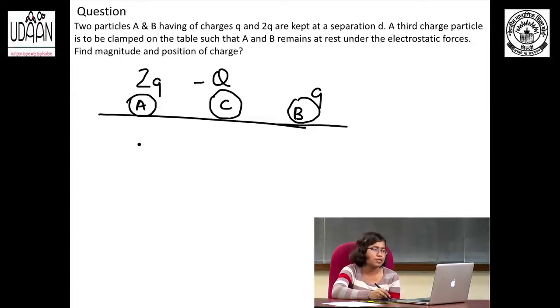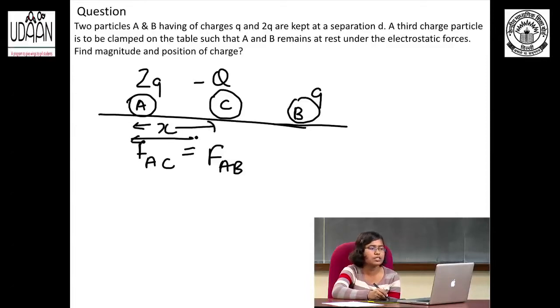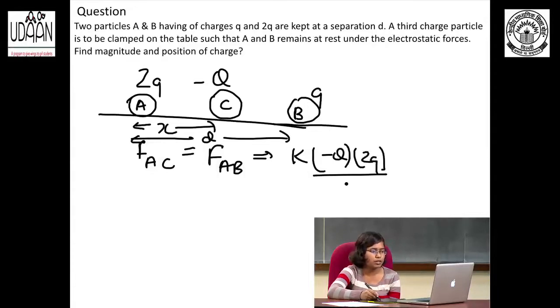A is kept at rest, so the forces on A must be balanced. So force on A due to C should be equal to force on A due to B. That is, suppose A and C are kept at a distance x and the total distance between A and B is d. The force on A due to C is K(−Q)(2Q) upon x square, which should be equal to the force on A due to B, that is K Q 2Q upon d square.